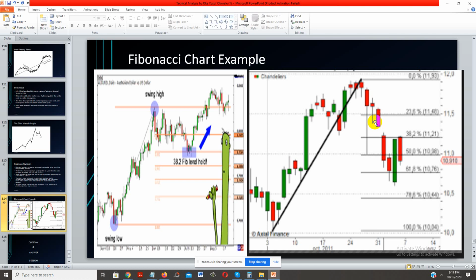Now, after the 50% retracement, another strong support too is the 61.8% retracement. Then after 61.8% retracement, we have the 78.6% retracement. Then the 100%.